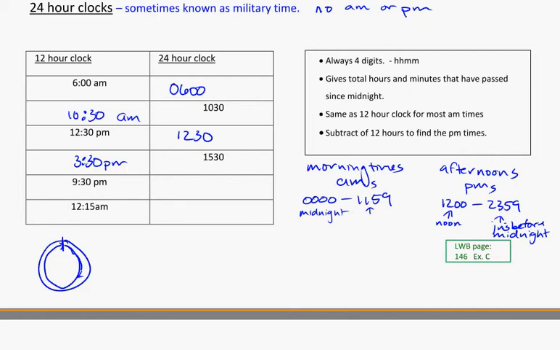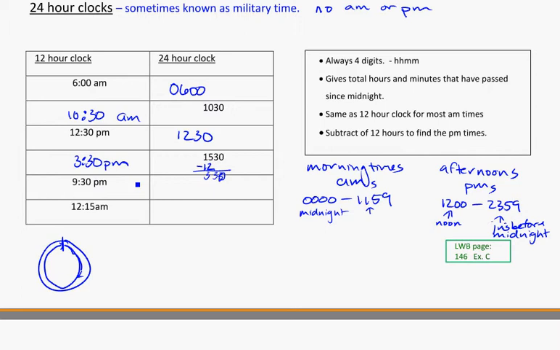And another way to look at that would be to subtract the 12 hours that we don't normally count on a 12-hour clock. So we subtract the 12 hours that go from midnight to noon, and 15 minus 12 takes me to 3, and the minutes stay the same, 3:30. And then we put the PM on it because we know it's after lunch.